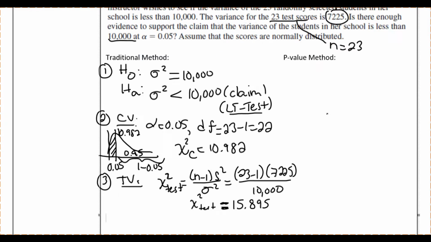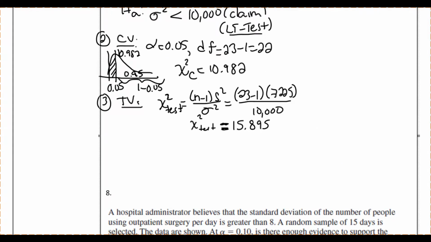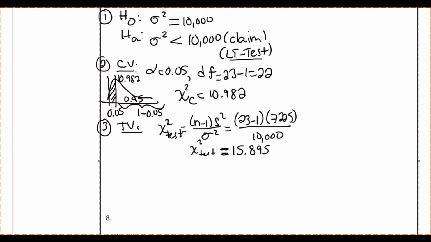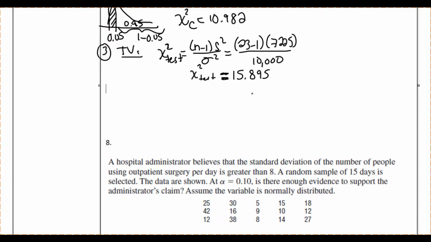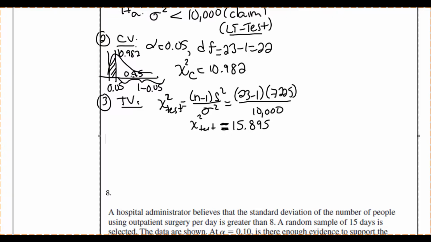Then our sigma squared is simply the 10,000 from our claim. We plugged it in and got the test value of 15.895. Now we're going to label that test value on the graph that we drew up here. If we label it on here, the 15.895 is somewhere in here.